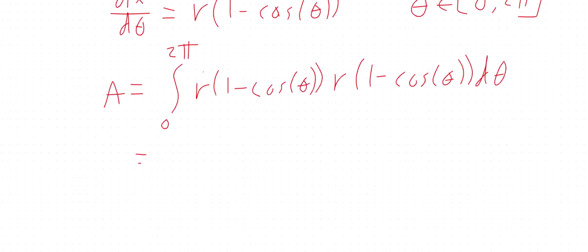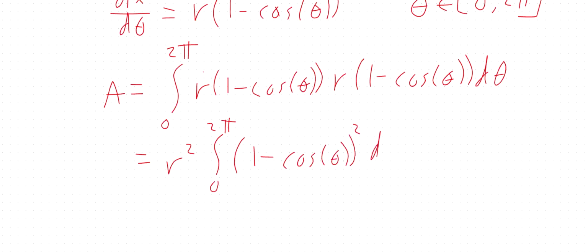So now these are both the same. We can pull that r squared out because it's not going to have any impact. So now we're down to this. Let's go ahead and do some foiling.